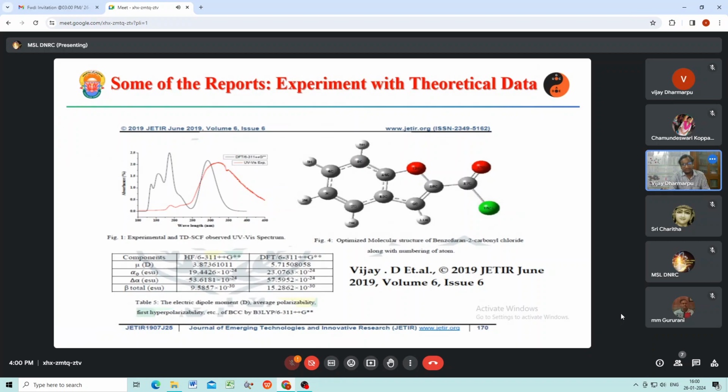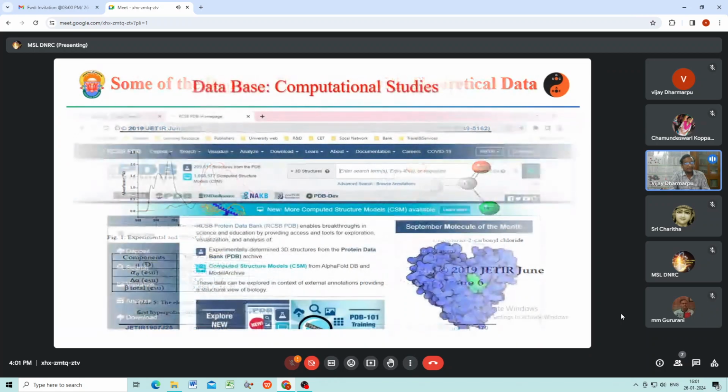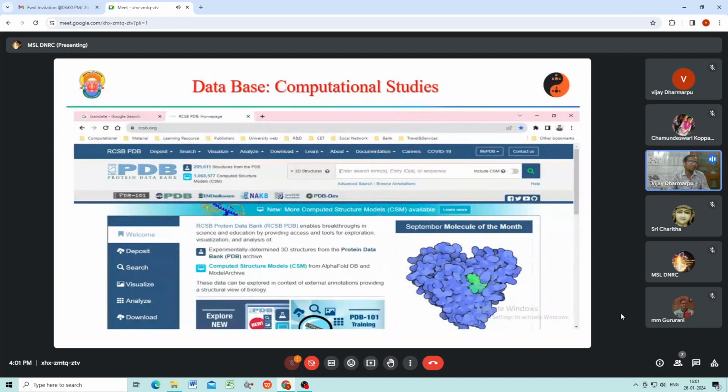Without assumptions, we cannot go forward. So assumption is needed, and this work has that much importance. Today I would like to show you some databases. We have a large database, and from that database we can take molecules directly.